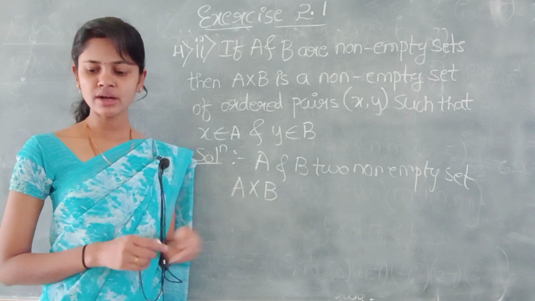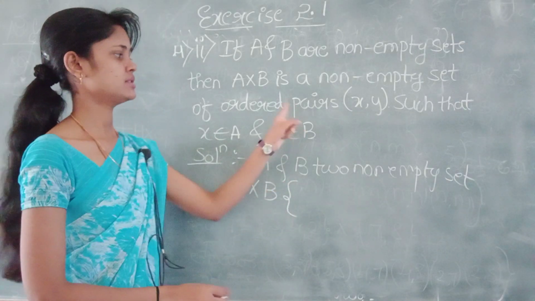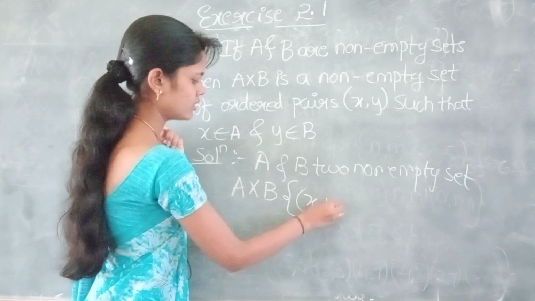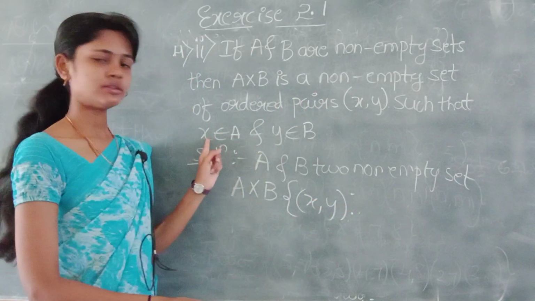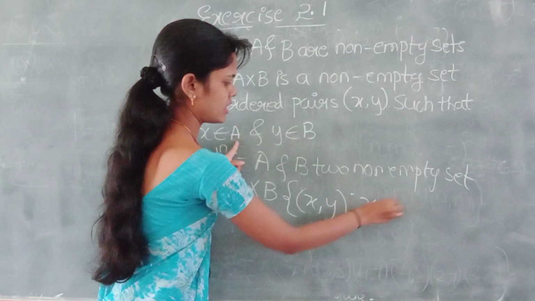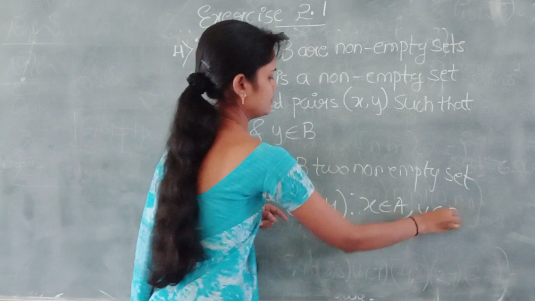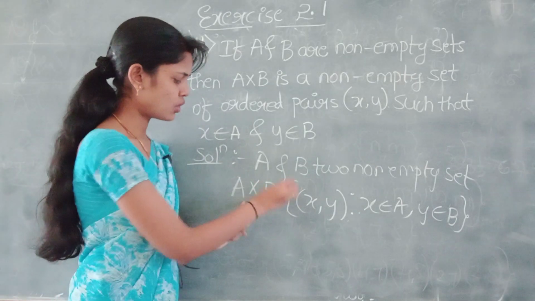Then how can you write this one? Right? A cross B is containing what? An ordered pair x, y. Right? And also one condition, that is where x belongs to A and y belongs to B. That means the given condition holds for what?